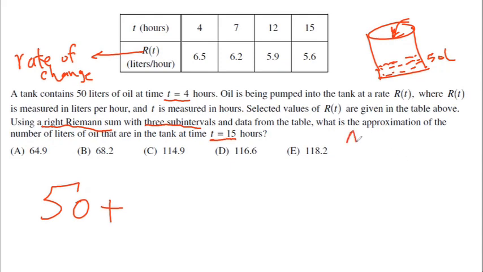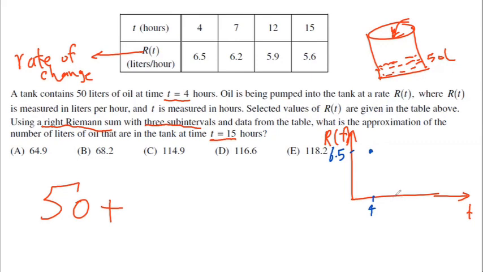What we can do to visualize this question is to draw a relation between r of t and t, since that's the data we have. We start at t equals 4, and say this is 6.5, so this point here represents the rate at t equals 4.